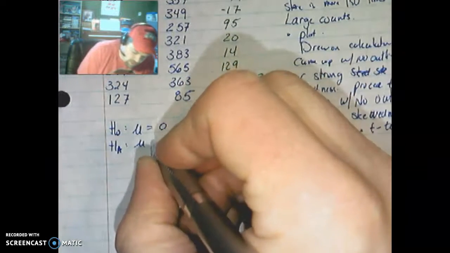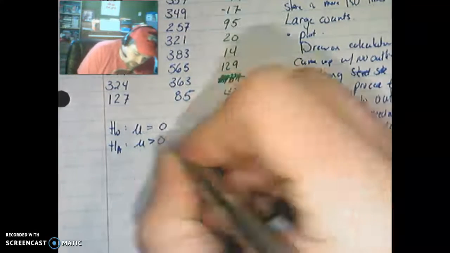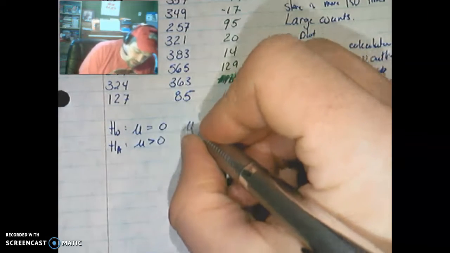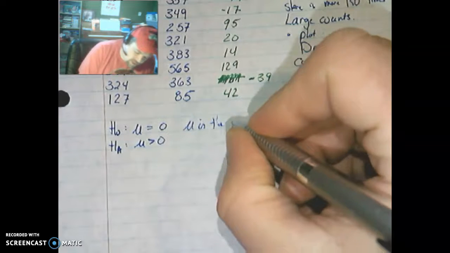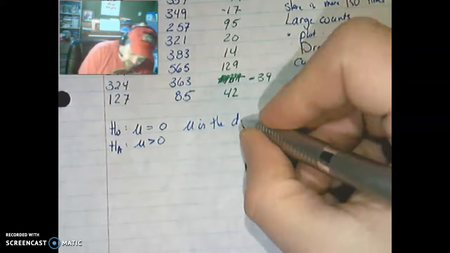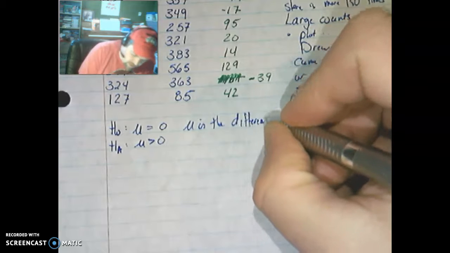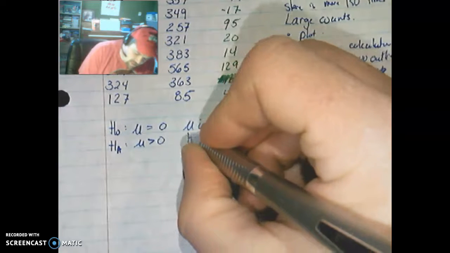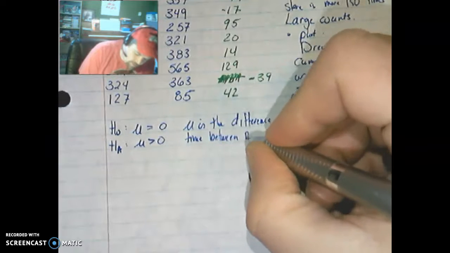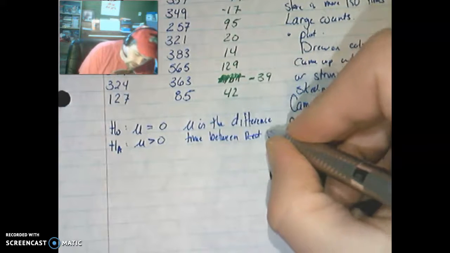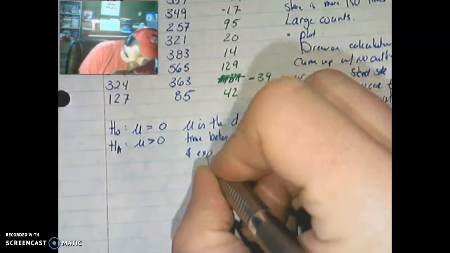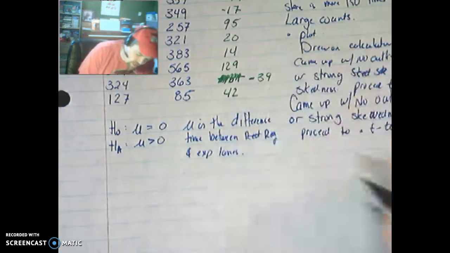So we want the mu to be bigger than 0. Okay? And this mu is the difference in time between regular and express lanes. Okay?